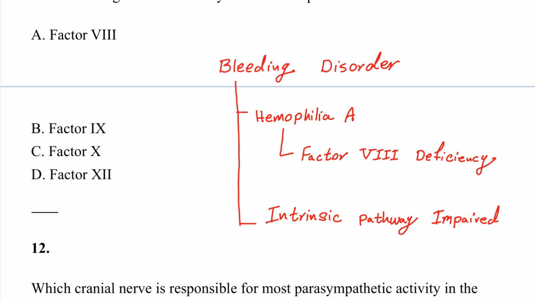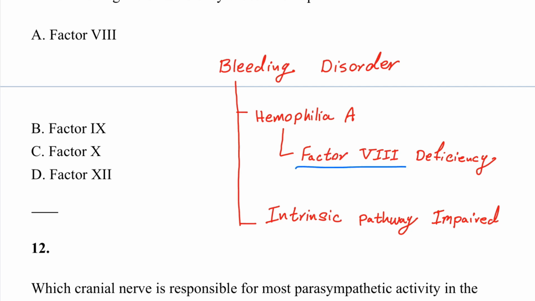Hemophilia is an inherited coagulation disorder that affects the clotting cascade. There are several types, but hemophilia A is especially associated with factor 8.